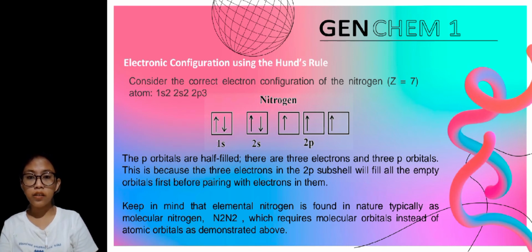This is because the 3 electrons in the 2p subshell will fill all the empty orbitals first before pairing with the electrons in them. Keep in mind that elemental nitrogen is found in nature typically as molecular nitrogen, or N2, which requires molecular orbitals instead of atomic orbitals as demonstrated above.